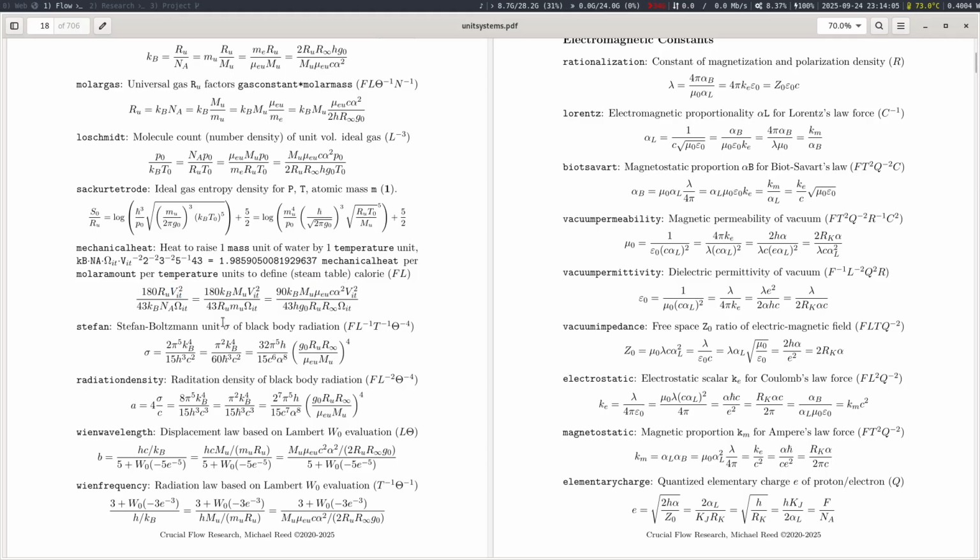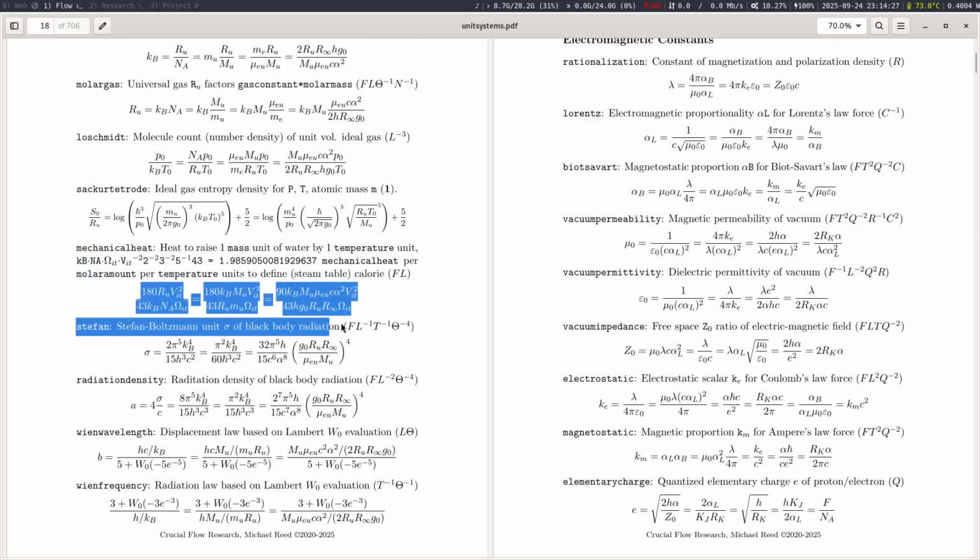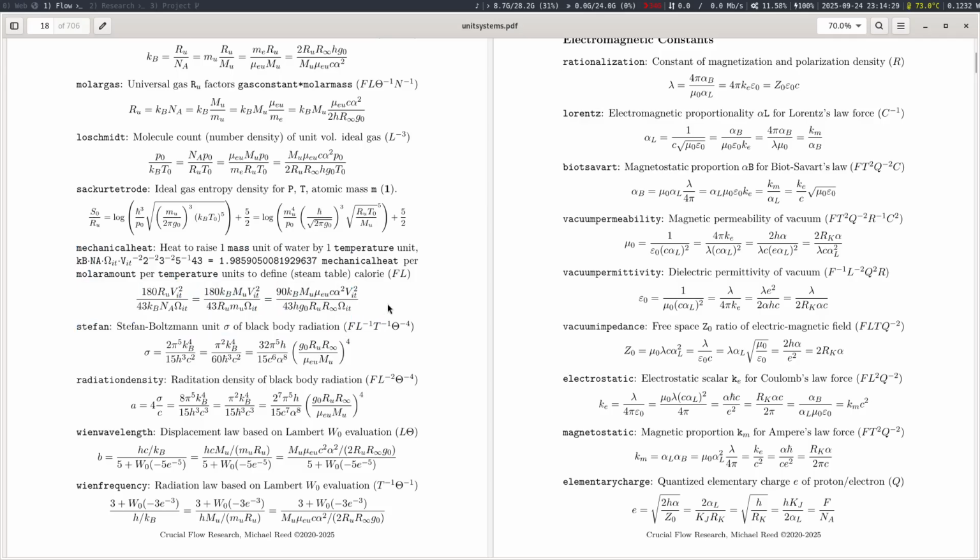So it required a very sophisticated level of understanding of the historical unit systems of the steam tables and how to transform those into modern values. And I eventually figured it all out, and these formulas are my reference equations for understanding what I did there.